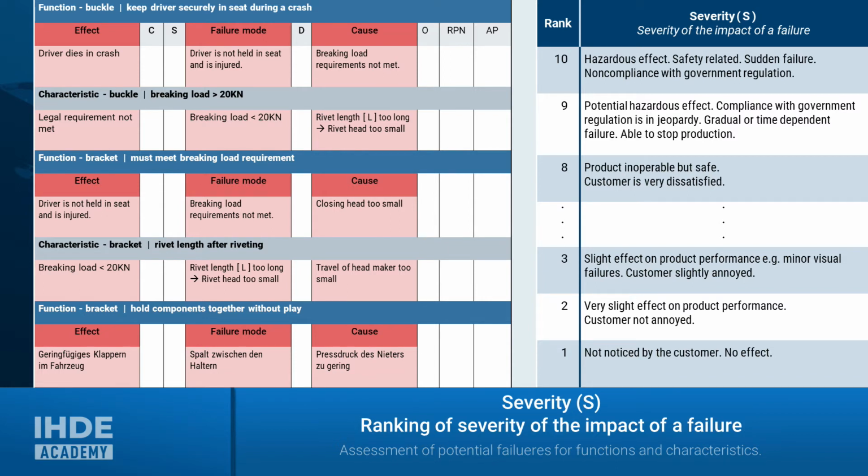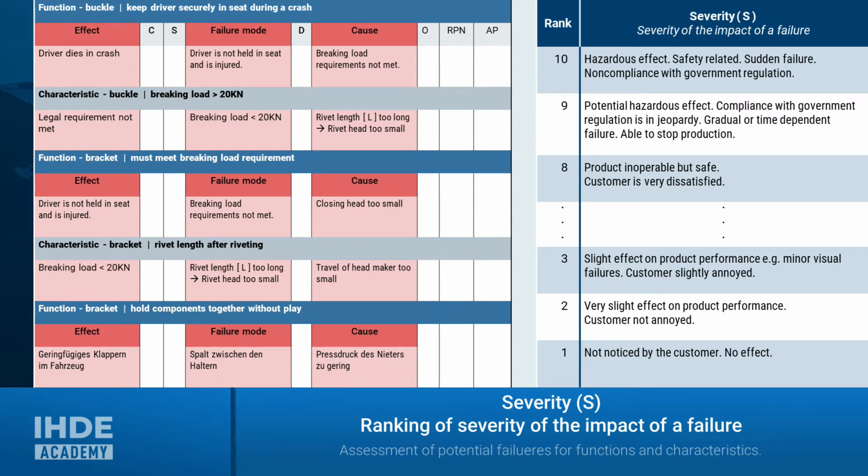9 would be used, for example, if serious safety deficiencies or functional impairments occur, possibly breaking the law. Failures that occur gradually or with advance notice, but are below the severity level 10. 8 would be a security flaw, a major customer annoyance or loss of primary function.